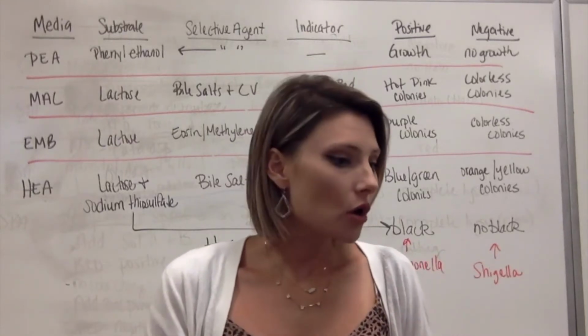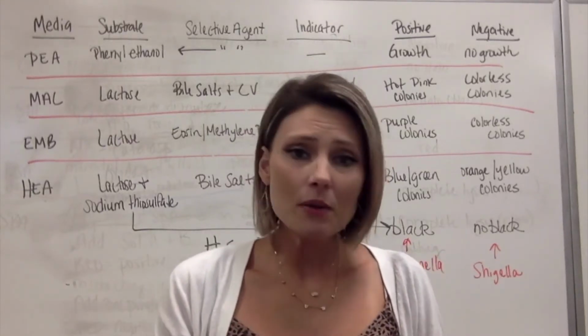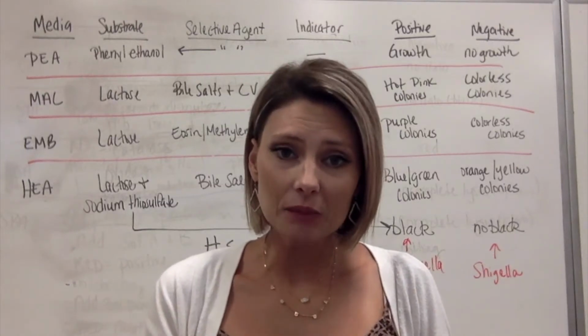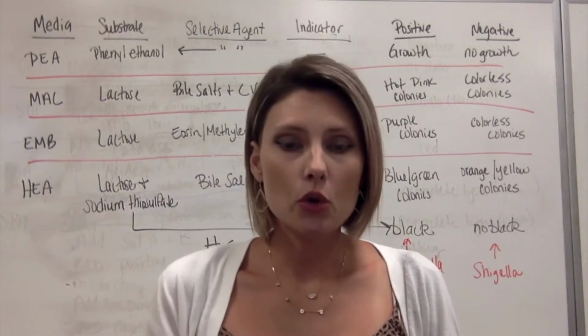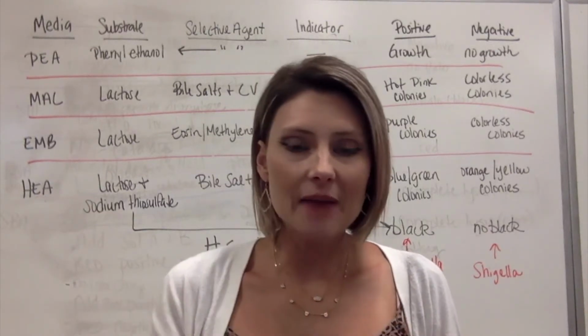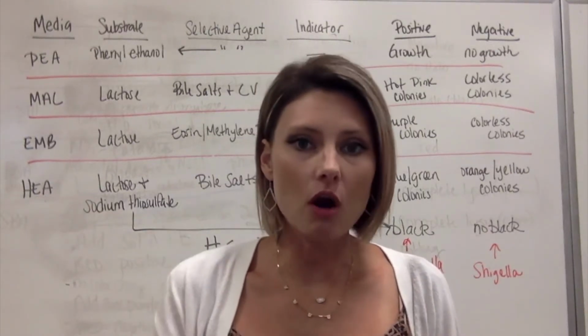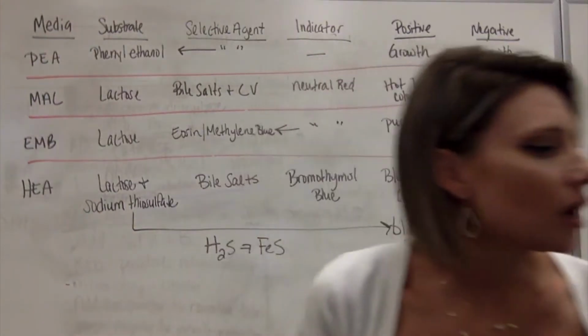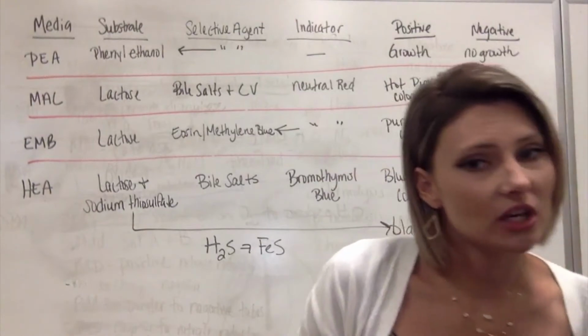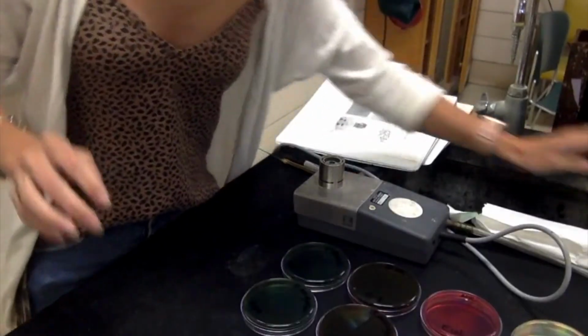Okay, so now I'm going to go ahead and inoculate my plates, and these are all normal streak plates. So no swabbing or anything like that, no going straight down the center. These are all going to be normal streak plates. So now we're going to go ahead and do that, and then we'll be finished with our video. I've got all my plates here.